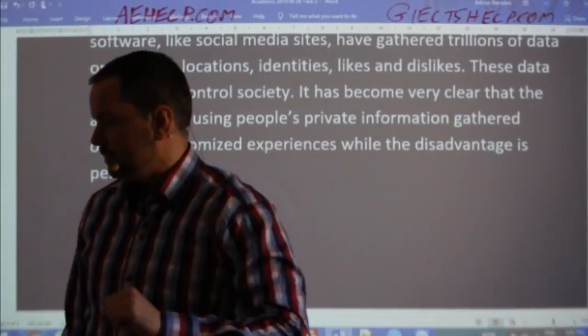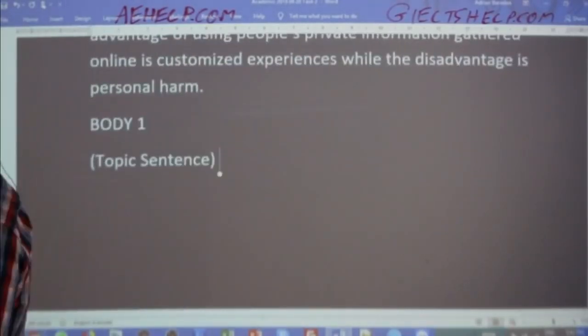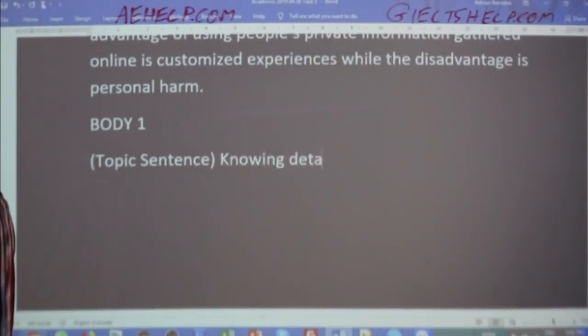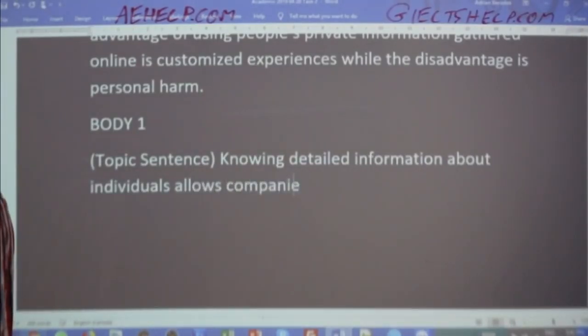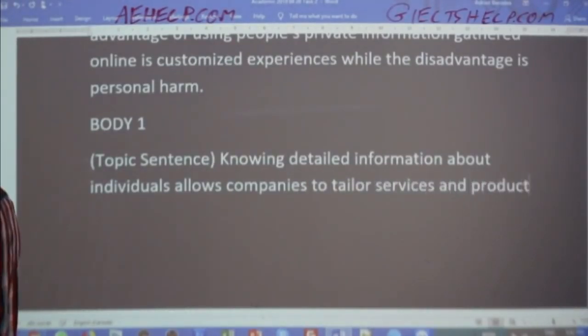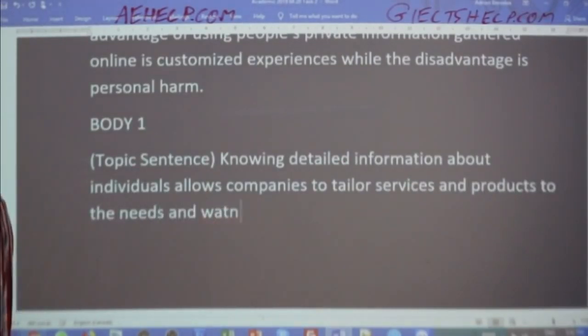Okay, so knowing detailed information about individuals allows companies to tailor services and products to the needs and wants of each user.